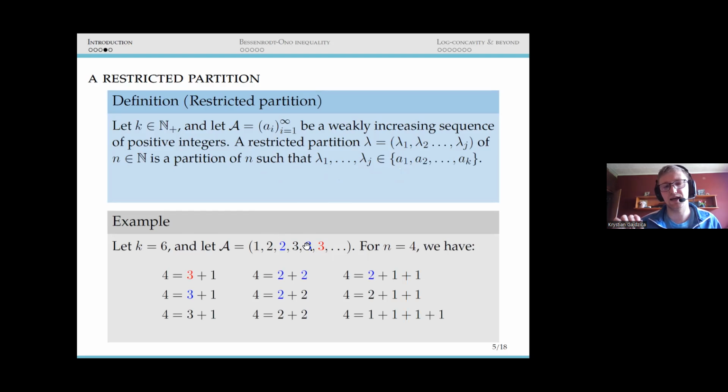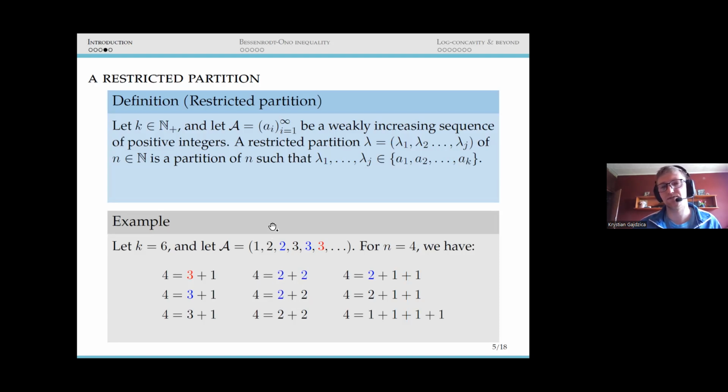There is a small ambiguity here. We have a weakly decreasing order of the summands, but in the middle of the example we see there is a 2 in blue plus 2 in black, so we also need to have 2 in black plus 2 in blue.